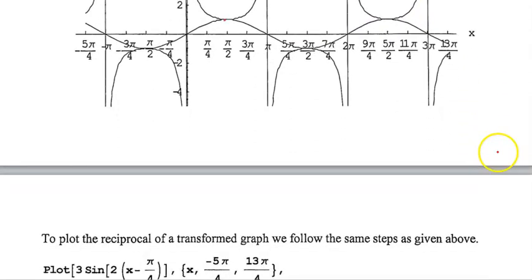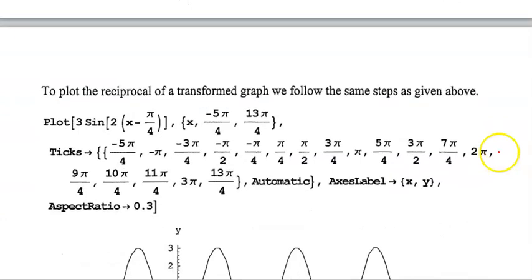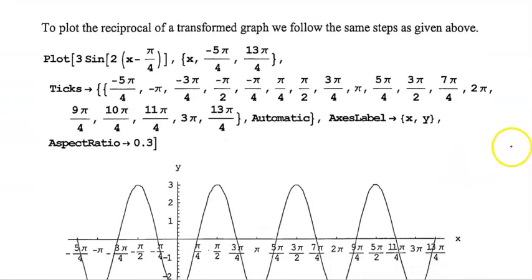Okay, let's keep going. Another one here. If we were going to now transform this, let's say we want a transformed graph, so we want cosec of some transformed interval. If we want to plot this, simply start off with the basic graph.